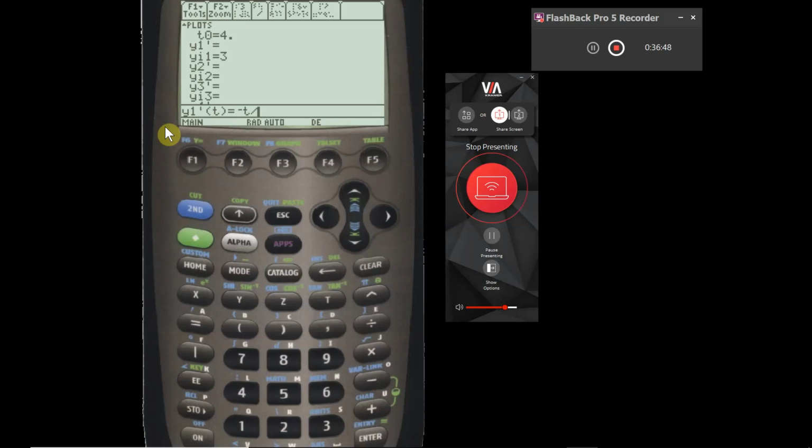It should say y1. On the 89, do you notice I'm typing in y1? It says y1 prime, so I'm actually going to type y1. On the Inspire, you're just going to type negative x divided by y1. You're not dividing by itself because that's the derivative, right? So we're saying dy/dx equals negative x over y. Go ahead and hit enter.